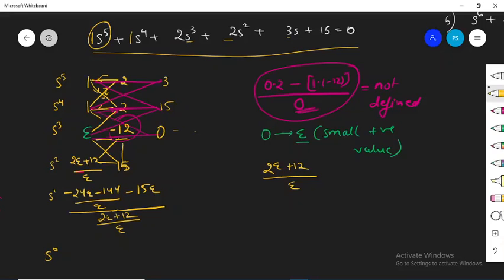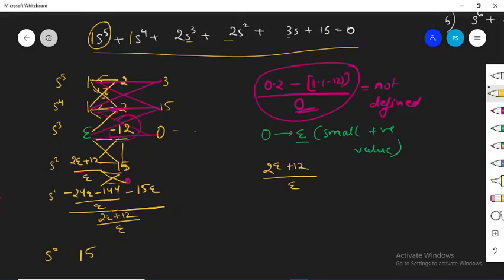This is the first term, and the second term will become equal to 0. The second term in this row will become 0, and then for s to the power 0, you multiply this by this term that you are getting, this multiplied by 15 minus 0 multiplied by this term, divided by this whole term, so it will become 15 only.